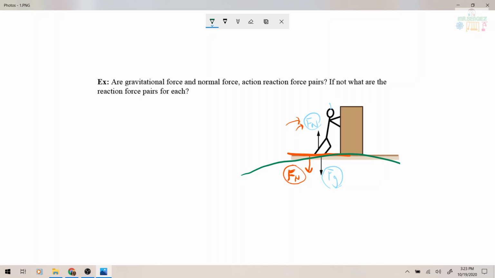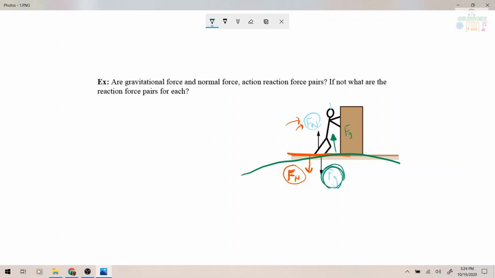Since the center of the Earth is down, the Earth is pulling the person straight down. Then what do we expect? Believe it or not, the person is also going to pull the Earth towards itself, and that's also called gravitational force. Those two gravitational forces are equal to one another.